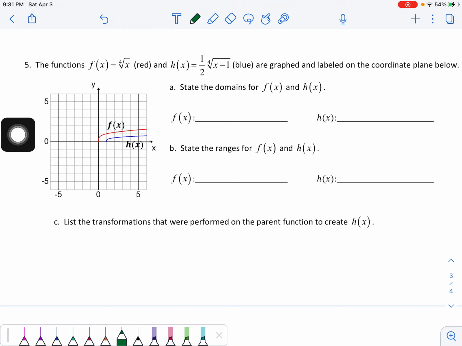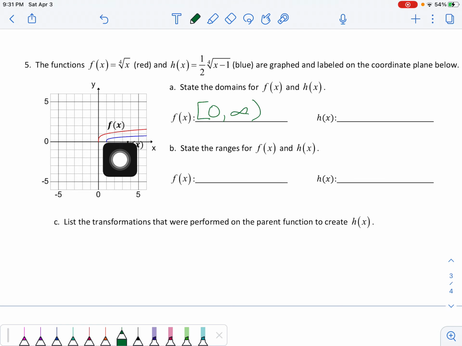All right, so f of x is going to be the straightforward one. We're starting at 0 and we're going to infinity for the domain. So 0 to infinity. Now, because h of x has been shifted 1 unit to the right, we're going to start at 1 and go to infinity.